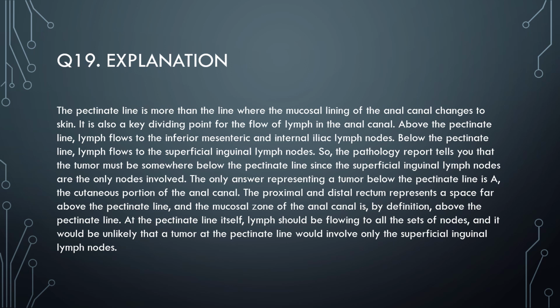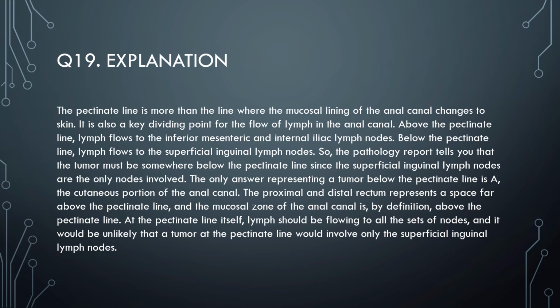Below the pectinate line, lymph flows to the superficial inguinal lymph nodes. So, the pathology report tells you that the tumor must be somewhere below the pectinate line, since the superficial inguinal lymph nodes are the only nodes involved. The only answer presenting a tumor below the pectinate line is A.